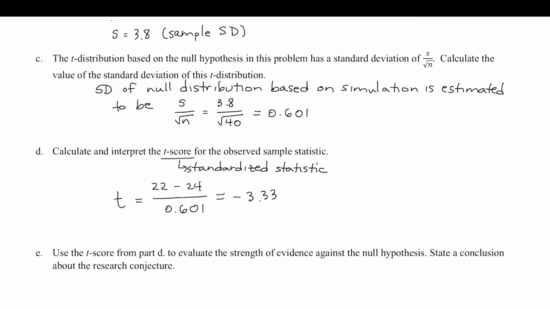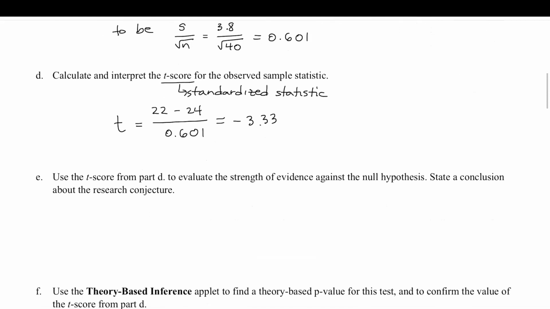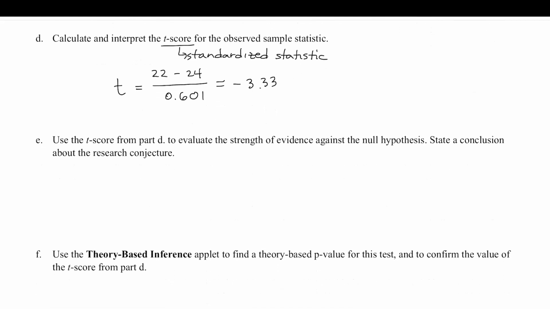The most common mistake would be that if you weren't using parentheses and you typed this all in a row, 22 minus 24 divided by 0.601, your calculator would do the division before the subtraction. So that's the first thing I would check. You may want to do the subtraction, get an answer, and then separately take that answer and do the division.